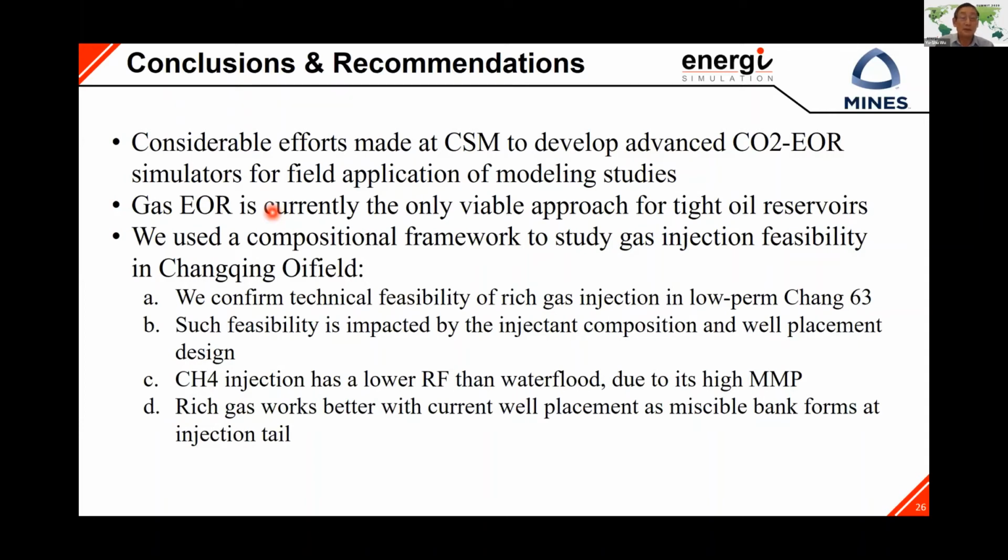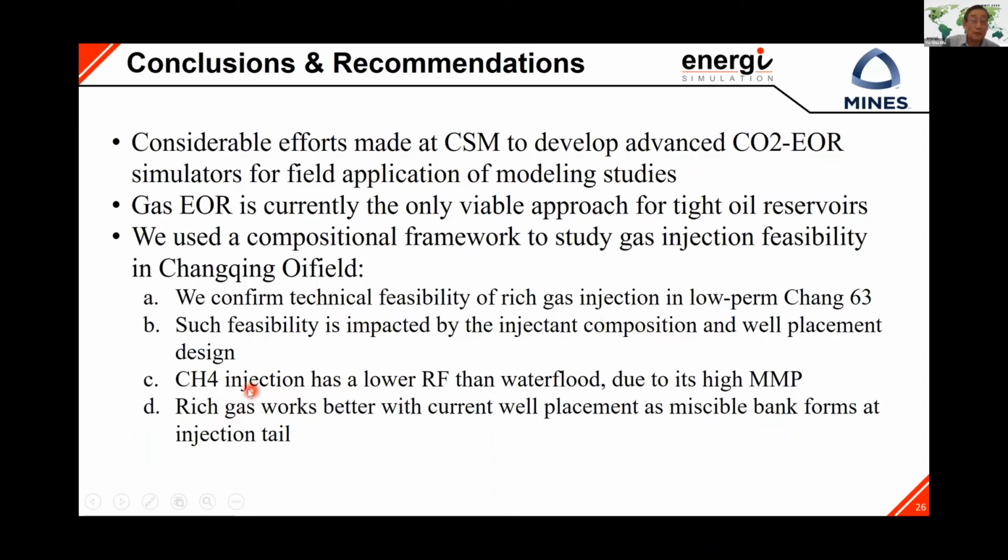So for this particular study, we use gas injection for a feasibility study of gas EOR. We confirm rich gas has better performance to increase the oil recovery factor. It's really impacted by many other factors: composition, how to design the composition, the recipe for the injected gas, and also well placement design.